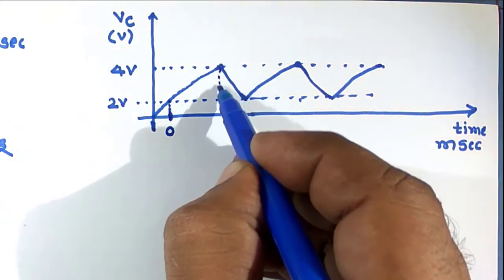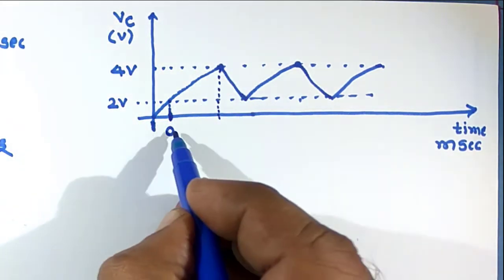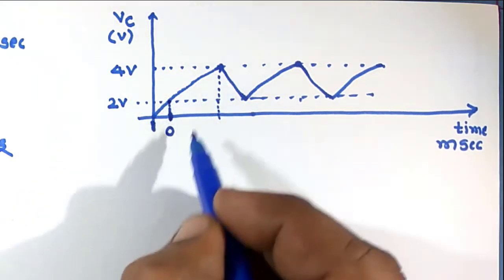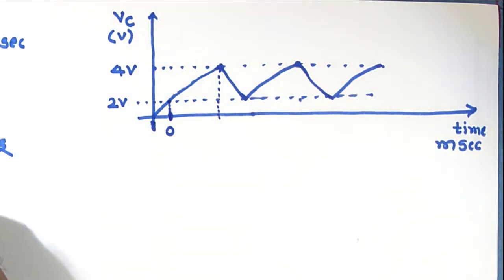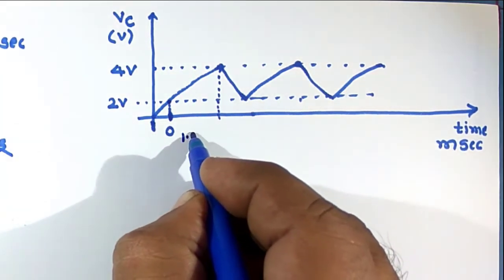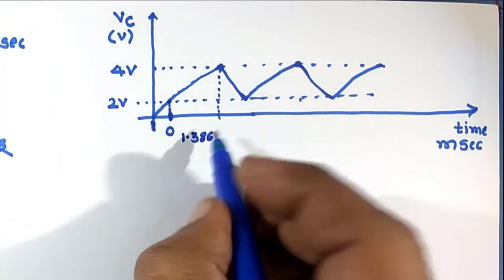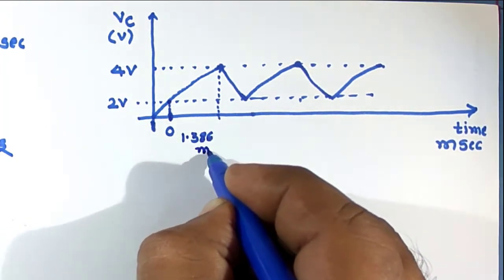So time required to charge the capacitor from 2 to 4 volt is time t1, and it is 1.386 millisecond.